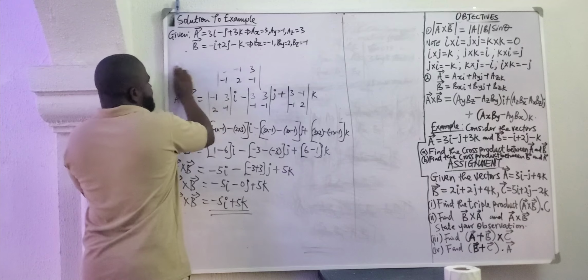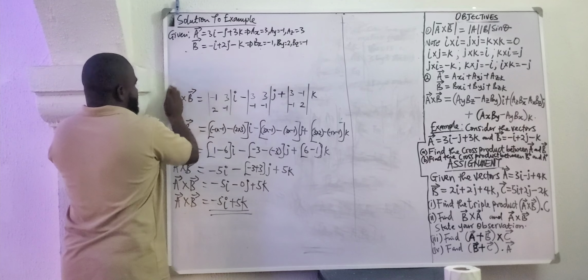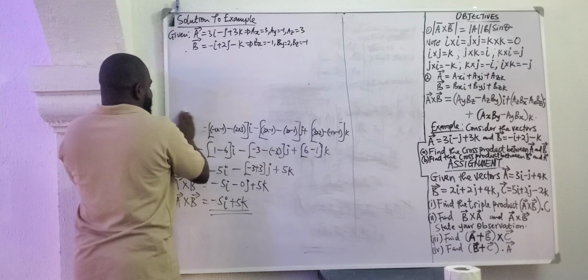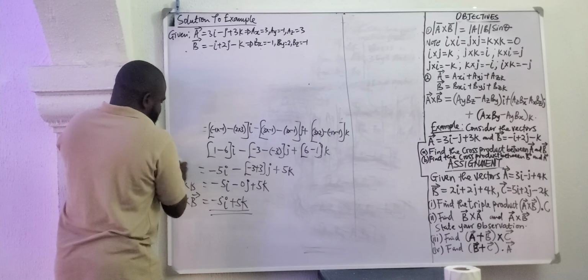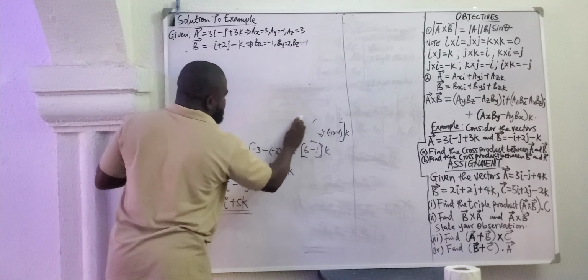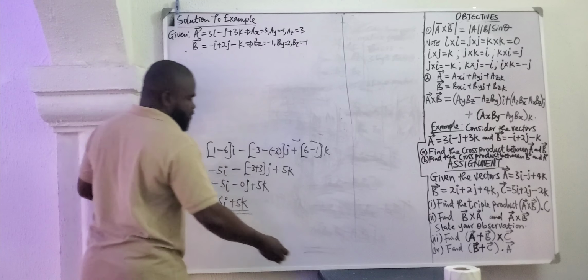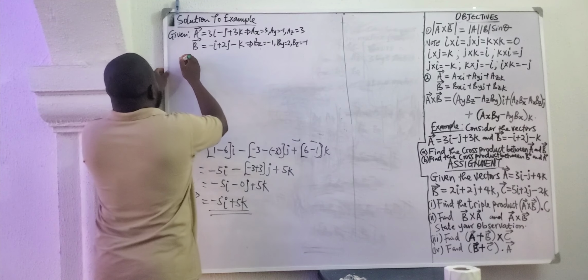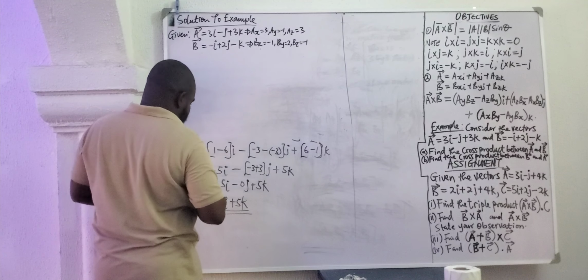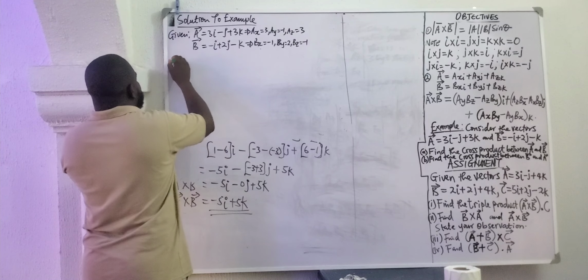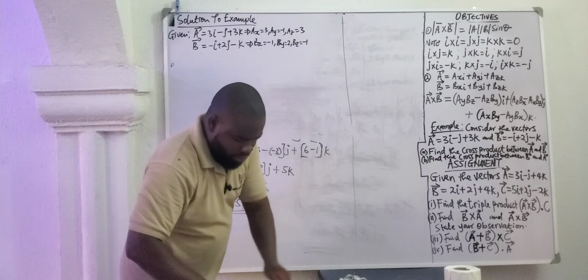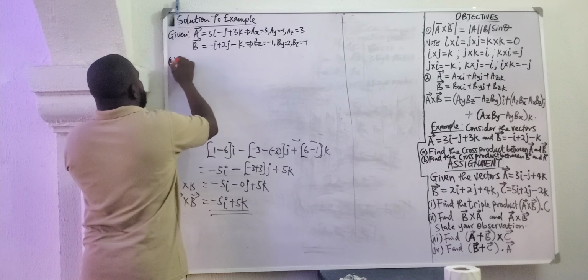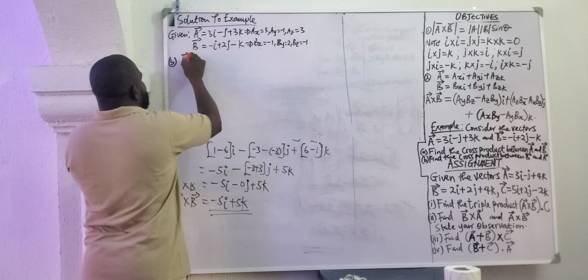So solution B. Now, B cross A means B comes first before A. Means B comes first before A. So I have option B says find B cross A.